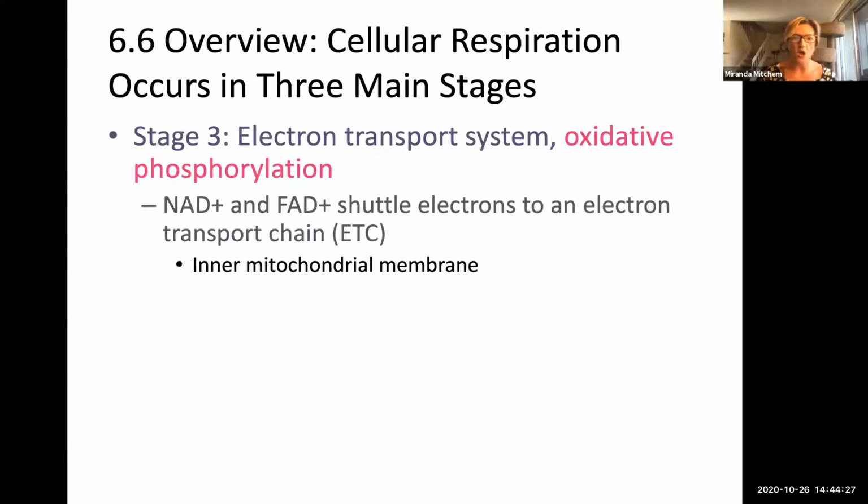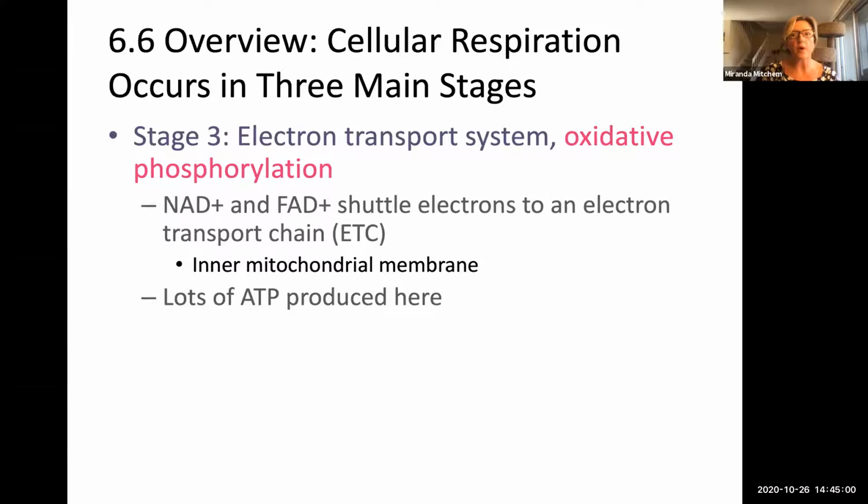And you may recall that the inner membrane is all wiggly and wavy. The outer membrane isn't. That is an evolutionary adaptation to increase the surface area to volume ratio of this organelle, the mitochondria. So that means that there's a lot more machinery for cellular respiration since there is more inner mitochondrial membrane due to all those wiggles.